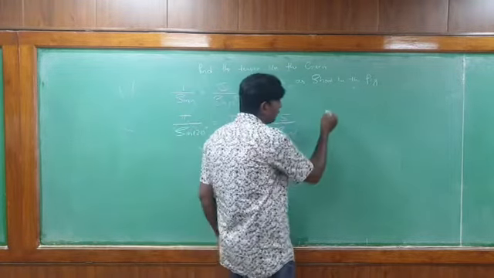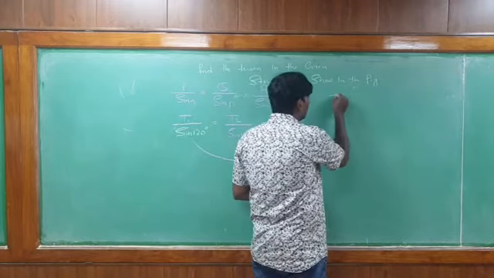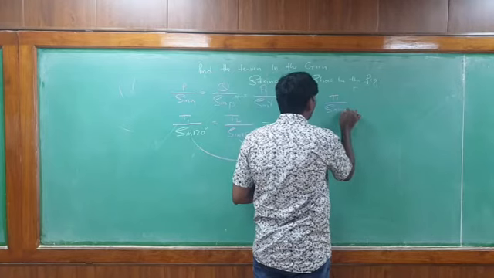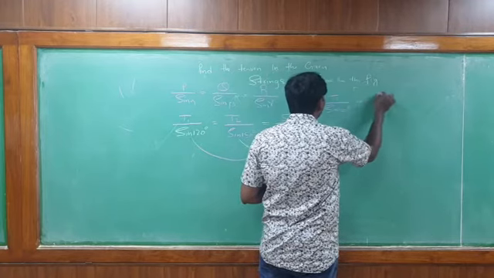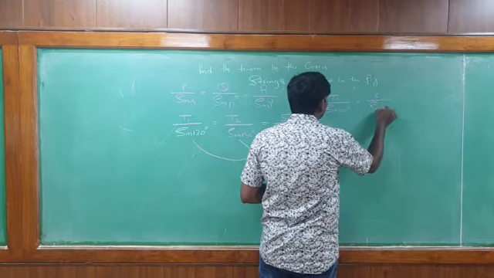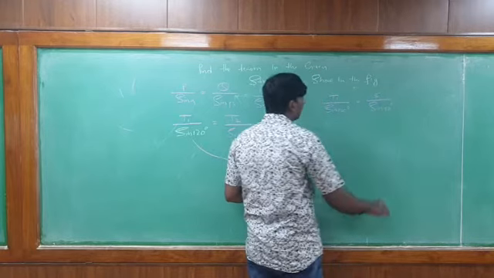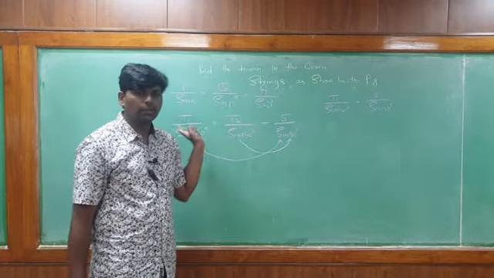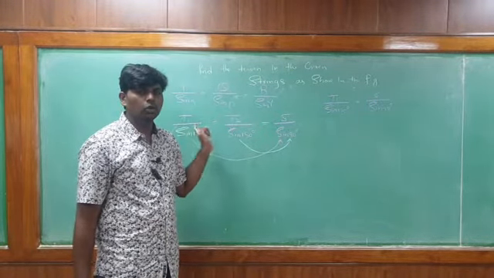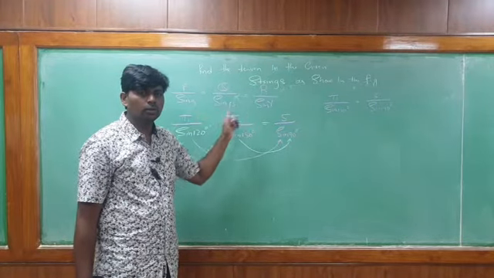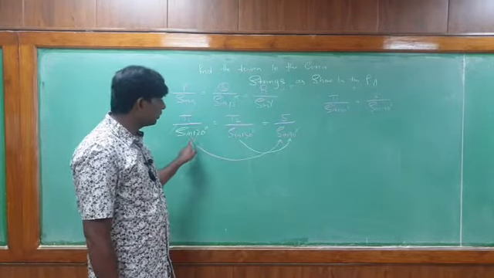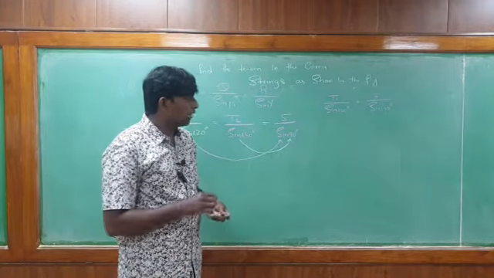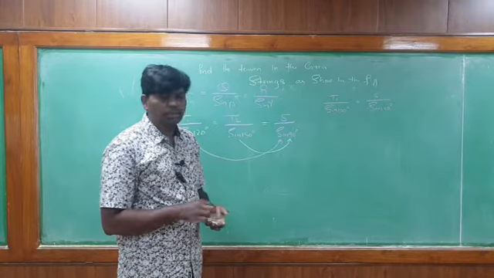First take T1 by sin 120 is equal to 5 by sin 90. First, last, second, last. Known, unknown, known, unknown. So here I took the first equation and the last equation: T1 by sin 120 is equal to 5 by sin 90.